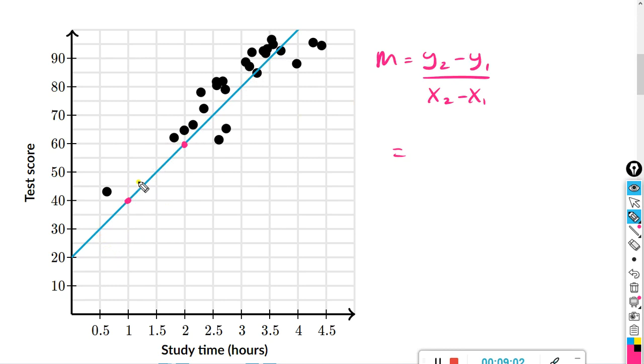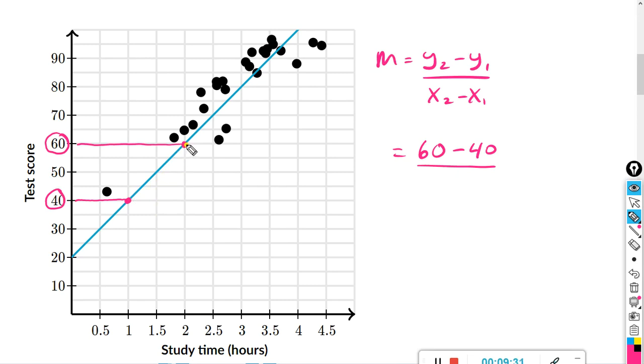So, change in y. Let's trace the points to the y-axis. Starting with the top point, the y value is 60. And then the other y value at the bottom point, that's a 40. So it's just 60 minus 40. Now use the same points and make sure you go in the same order.